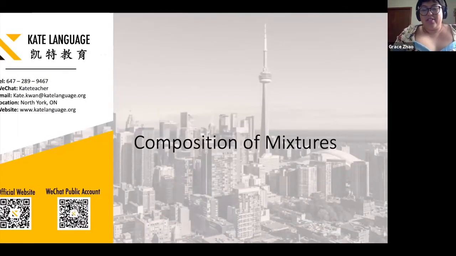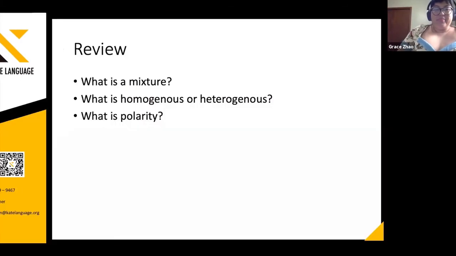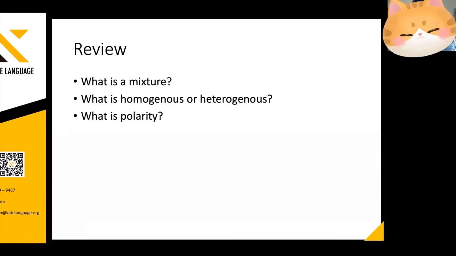Composition of mixtures. Okay, so are you guys familiar with what a mixture is? Let's just say that you add water and oil together, or you add, I don't know, salt and water. A lot of the things we're going to be playing with when it comes to mixtures is often with water. So how would you guys define something that is a mixture?